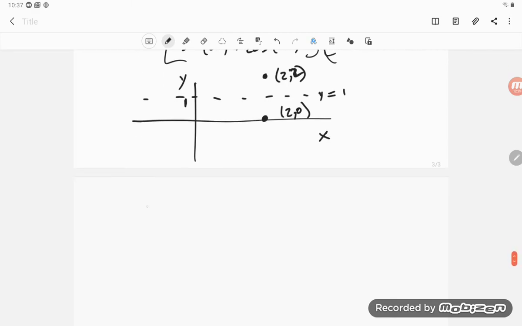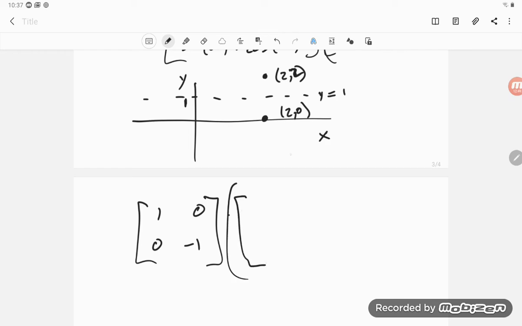And so if I make my matrix, I get cosine of 0, which is 1. I get sine of 0, 0. Sine of 0 is 0, and negative cosine of 0 is negative 1. Okay, and then I take my original 2, 2, but I have to subtract off b, which is the 0, 1 there.